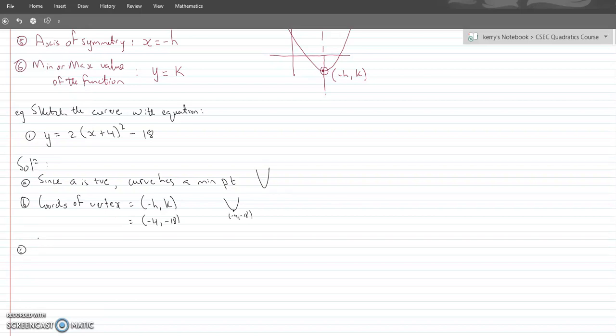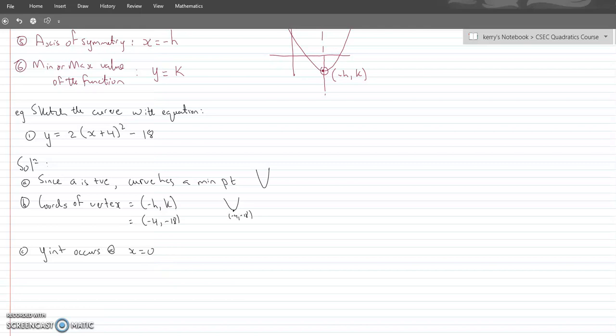The next step now is you want to find the y-intercept. Remember, the y-intercept occurs at x is equal to 0. It occurs on the y-axis. So we want to get what that y-intercept is.